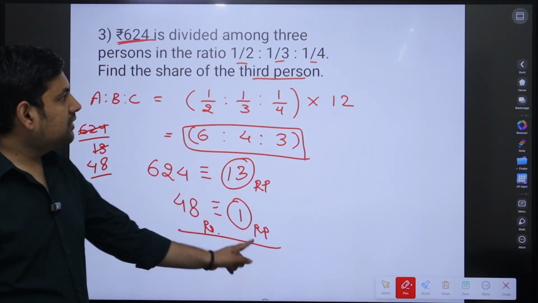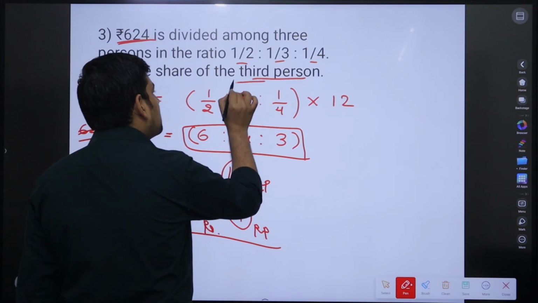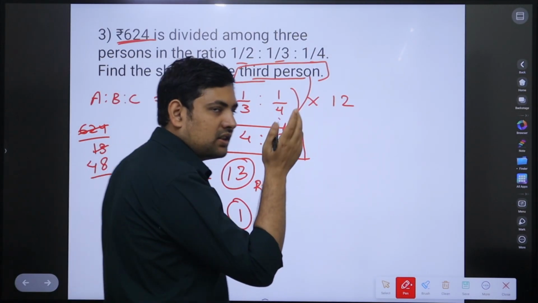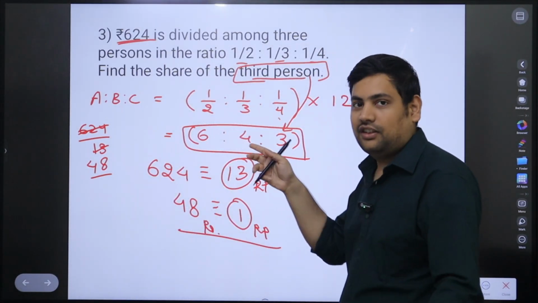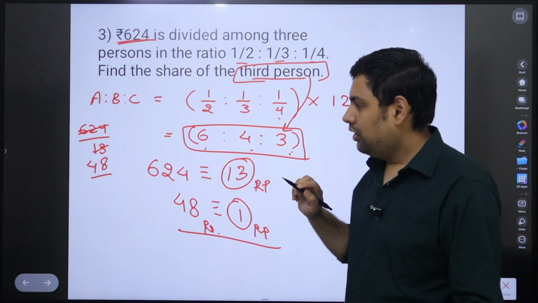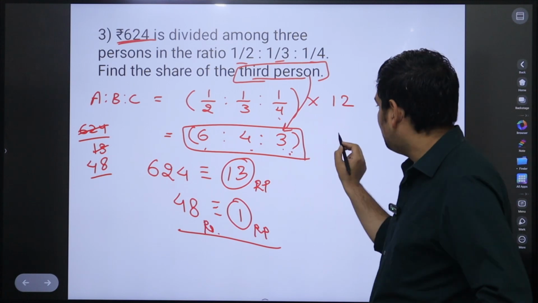If 1 ratio point is equal to 48 rupees, it is asking you what is the share of the third person. Third person is what ratio point? Now forget the earlier fractions. If you have come forward, then these are your new ratio points. So now 1 ratio point is equal to 48. Third person gets 3 ratio points.